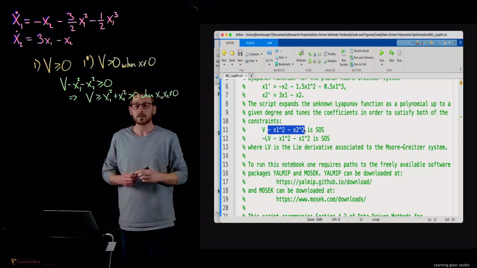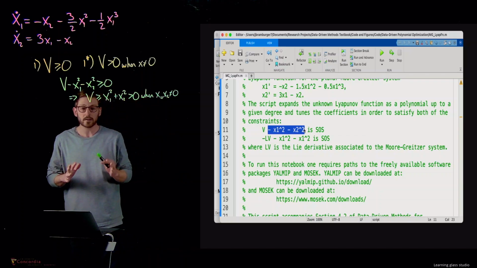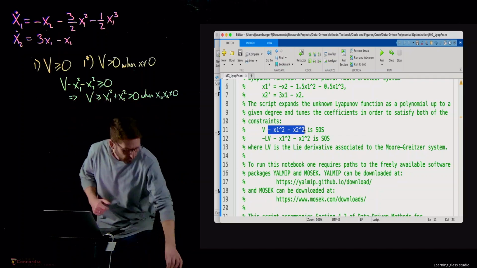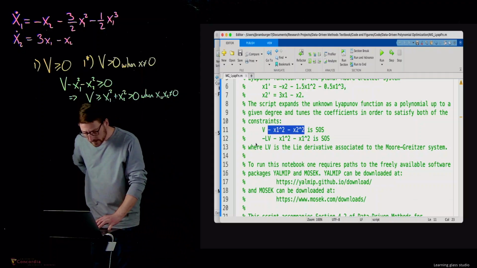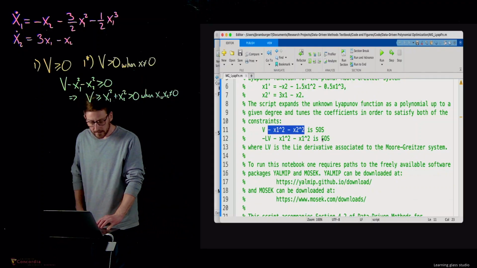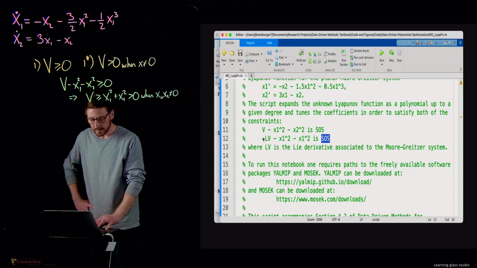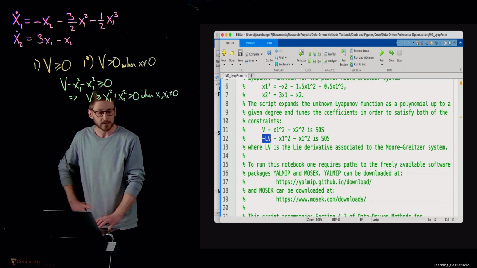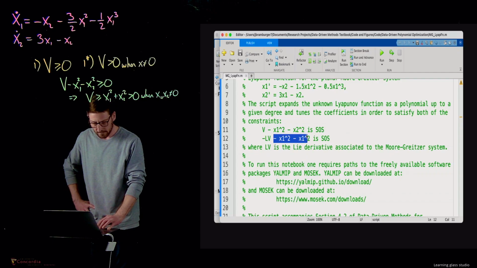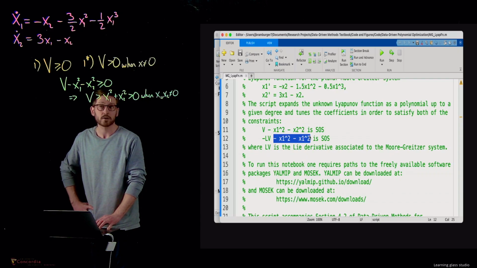So that's all that this is doing. It's promoting strict inequalities. It's kind of a cheat code. And then I'm doing the same thing with the Lie derivative. Again, sum of squares are positive, so because I need the Lie derivative negative, I have a negative Lie derivative here, and I have that same forcing of strict inequalities.